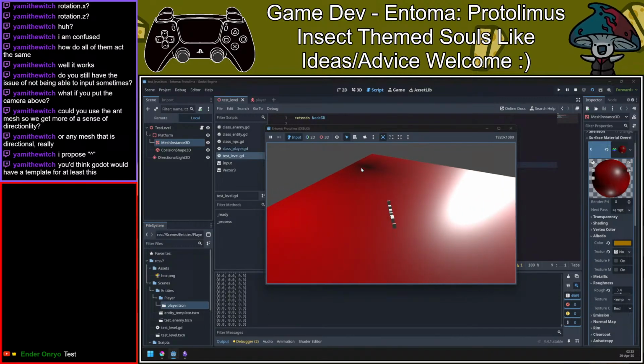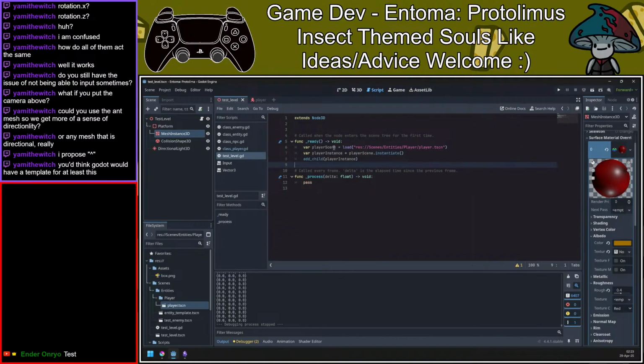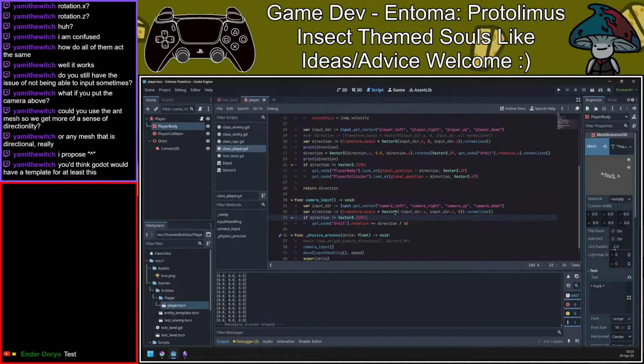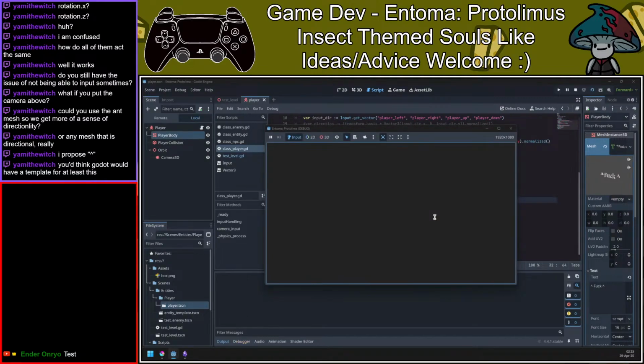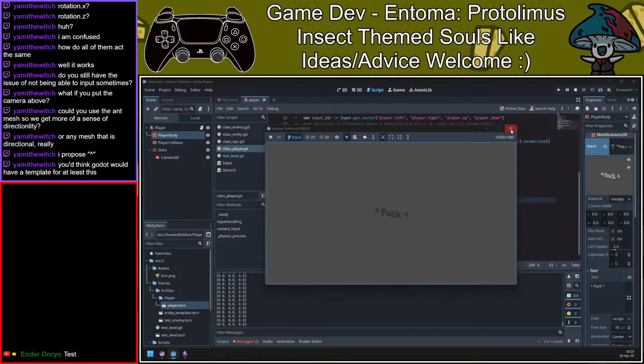You think Godot would have a template for this? Yeah, I'm very surprised there isn't just a default 3D camera template. That's the wrong scene.